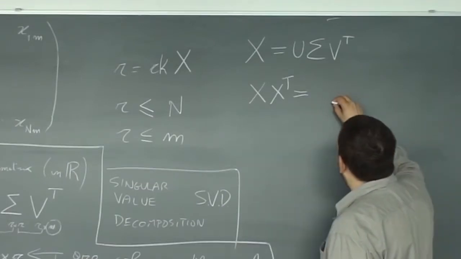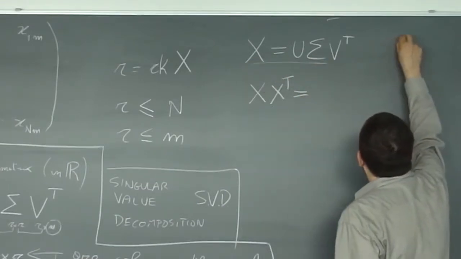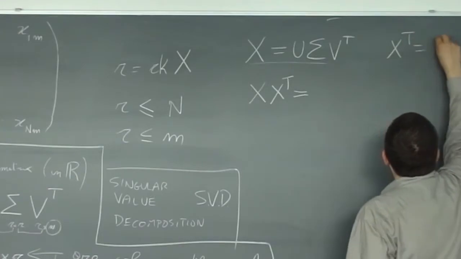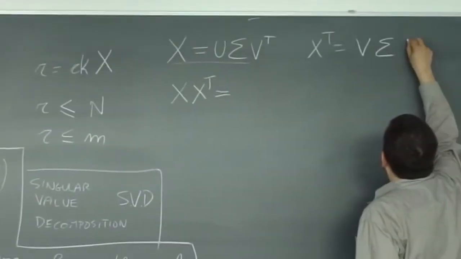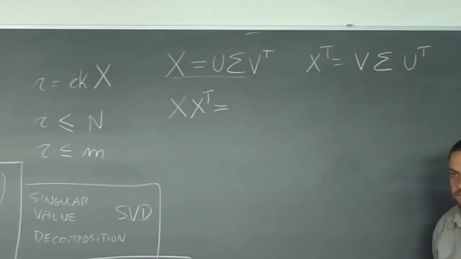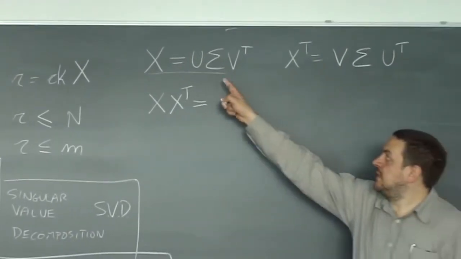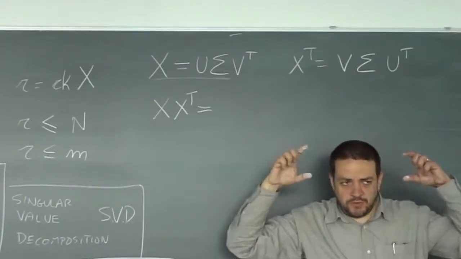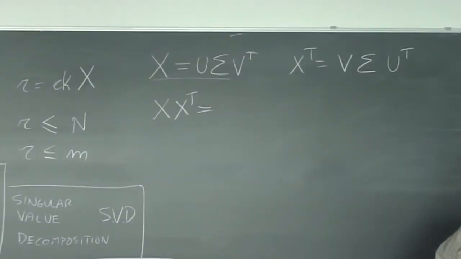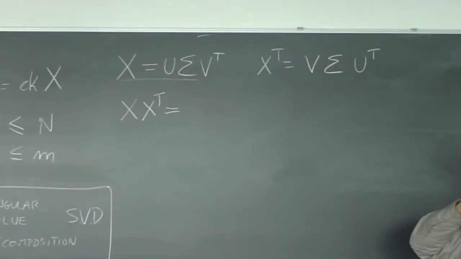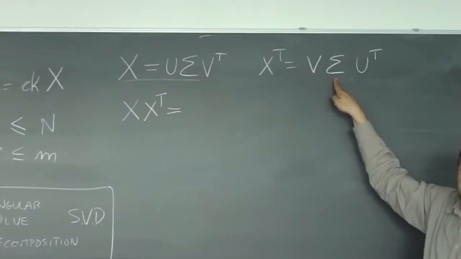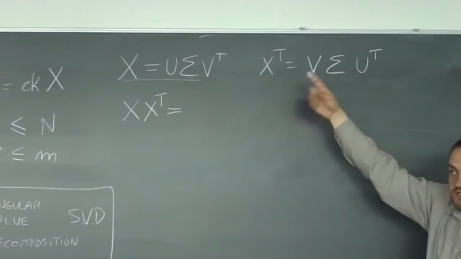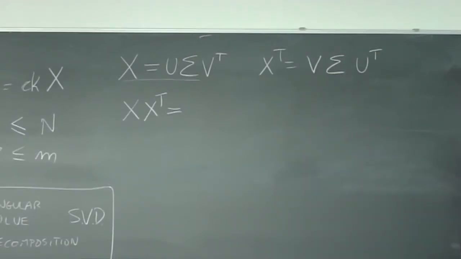Remember, if X is this one, then X transpose is V sigma U transpose. Remember, when you have a product of matrices, its transpose is the reversed product of all transposed matrices. Of course, sigma is diagonal, so we have no reason to transpose it. Its transpose is equal to the original one, so we get this.